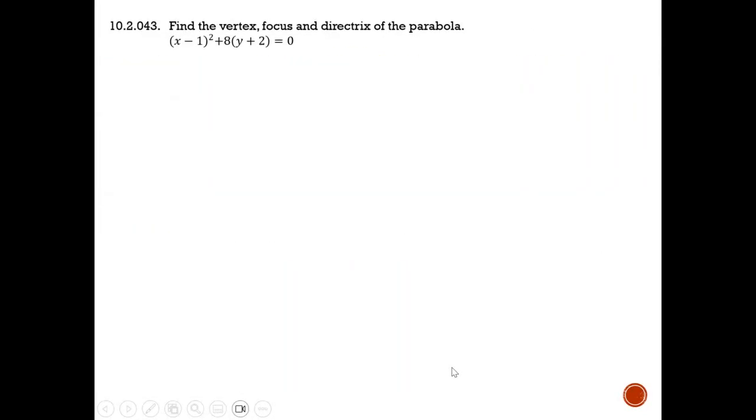Okay, here's another homework. This is 10.2, number 43. It says find the vertex, the focus, and the directrix of the parabola. Okay. I guess this one is kind of obvious, right? Because if the x is squared, it's going to be the vertical.